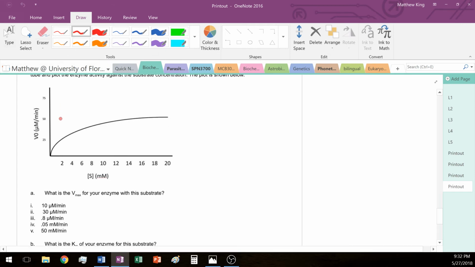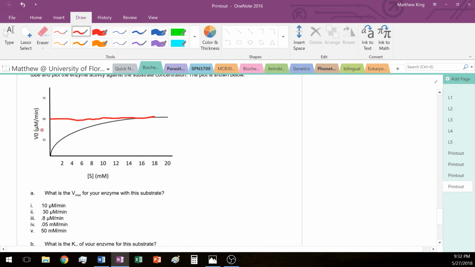I'm going to say that our Vmax is really just about where this intercepts our axis. We can see that's really easy to see. Our Vmax is where this starts to level out up here. So if we follow this over, our Vmax is 50.